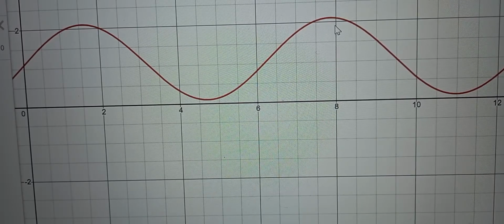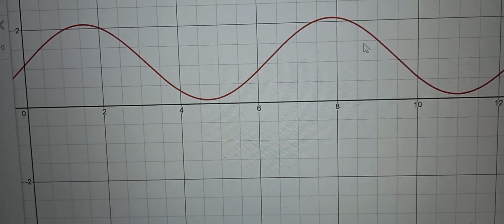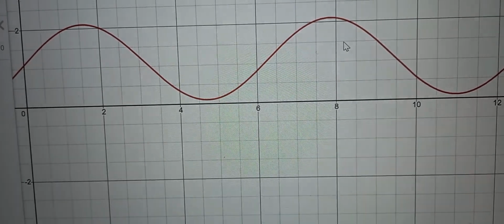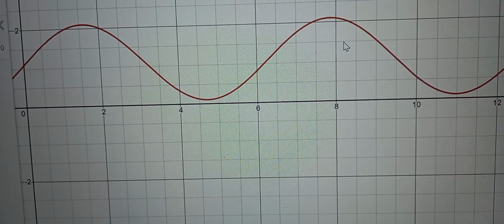So the distance between the first crest and the next crest is 6.5 meters, and that is the length of the unique section of the whole wave. After that, it just repeats. So this is what we call one wave: the distance from one crest to another crest is one wave.